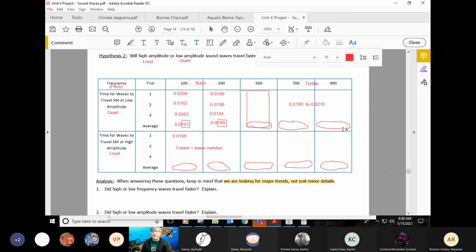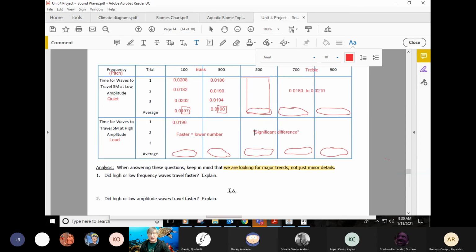And is it significant? This is another really important phrase in science, a significant difference. Was there a significant difference between these different speeds of the sound waves? It'd be great if you use that as part of your explanation. You could say there was a significant difference. You could say there was no significant difference.